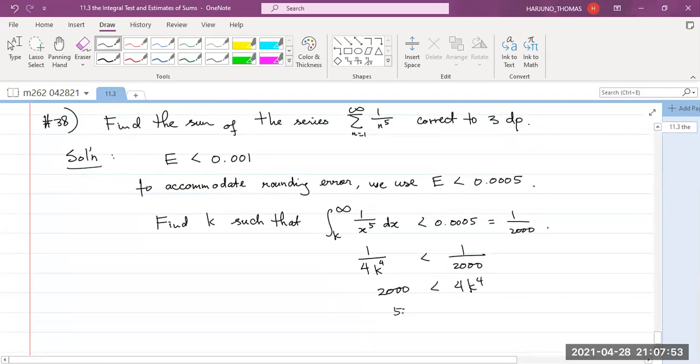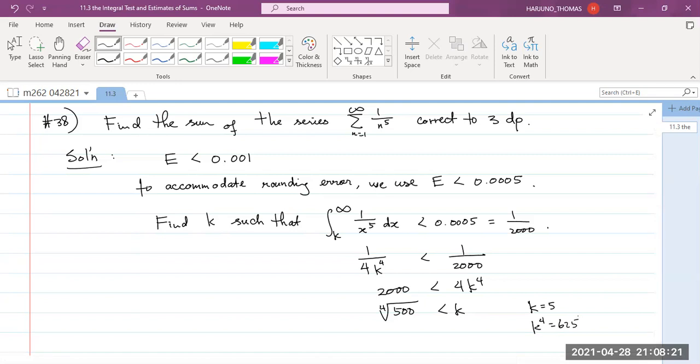Divide by 4 and take the 4th root. I think k equals 5 is good enough. k to the 4th is already 625. So we just need 5 terms. Let's do so. So k is at least 5.